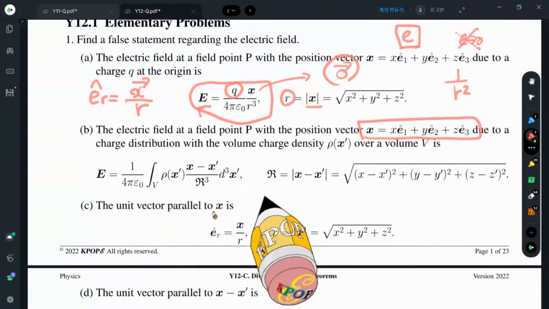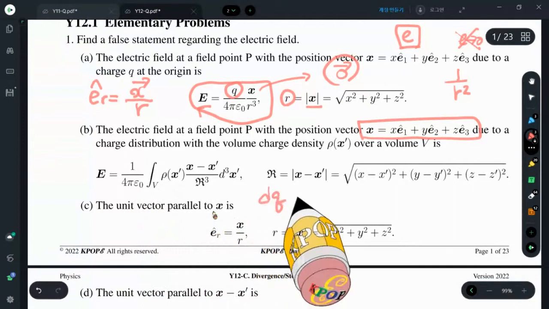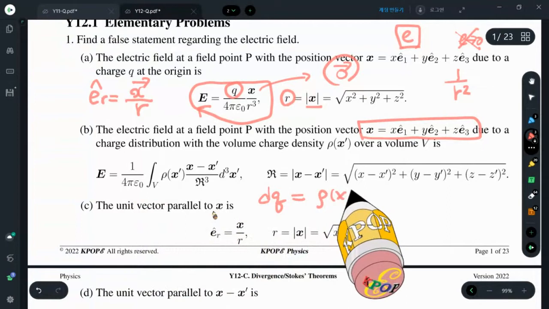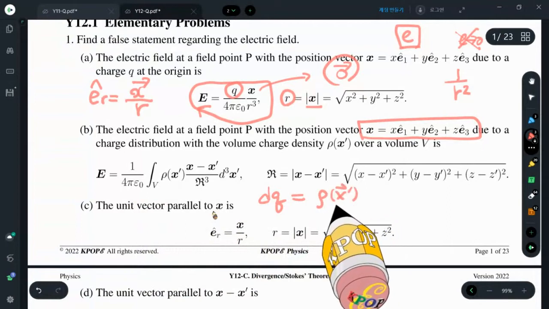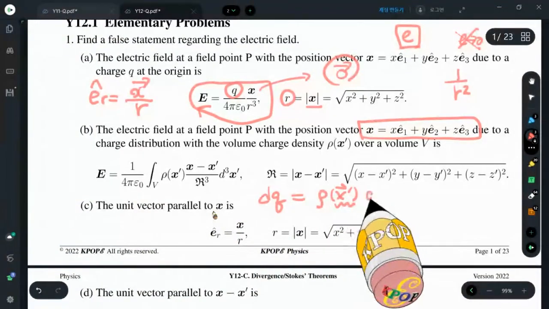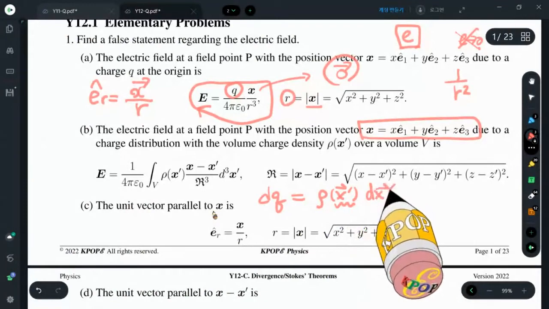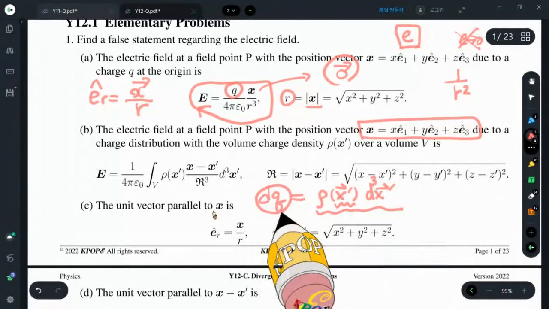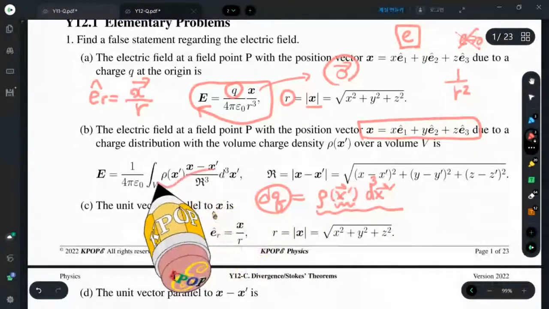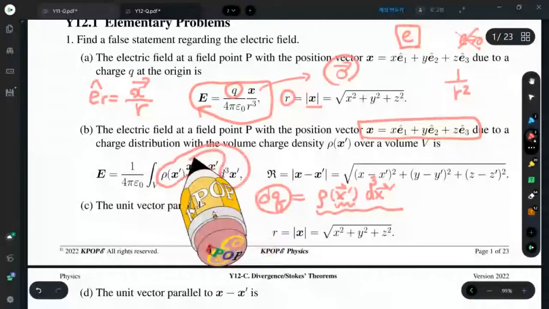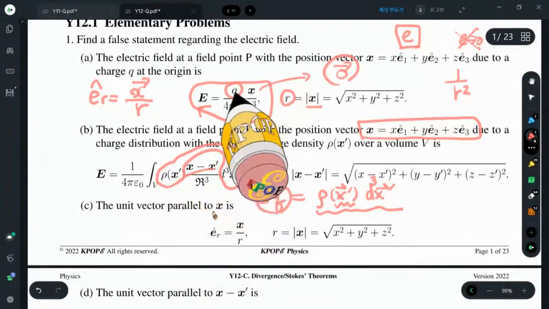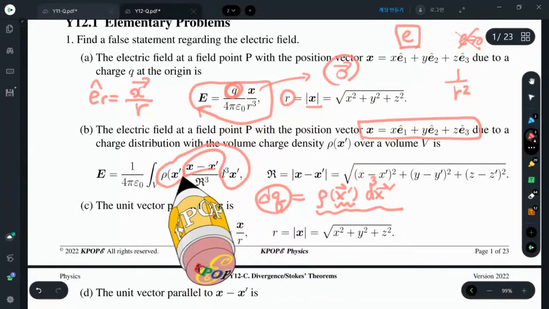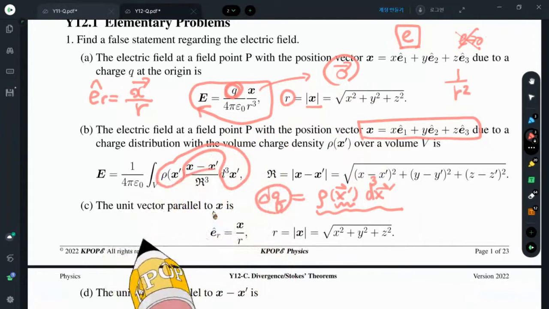So the small charge dq is the density at not the field point, but the source point, multiplied by its tiny volume. So this is the charge. This is the charge for the point charge at the origin, and this is the charge.